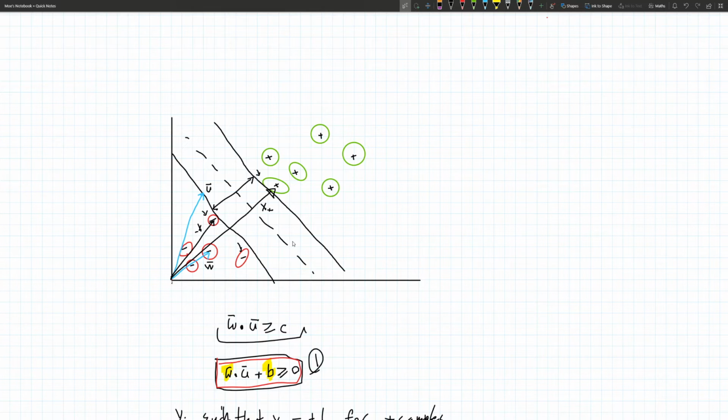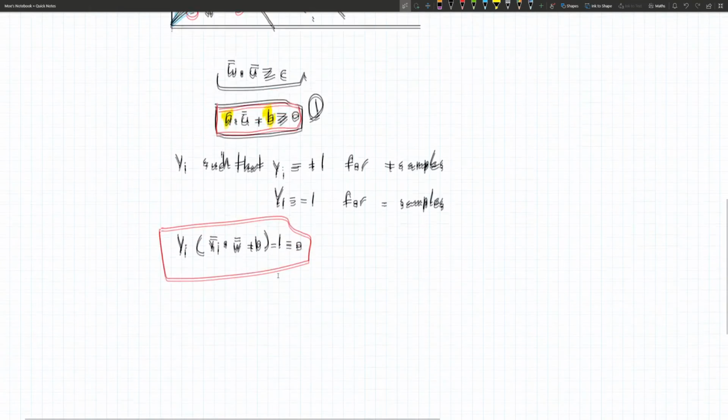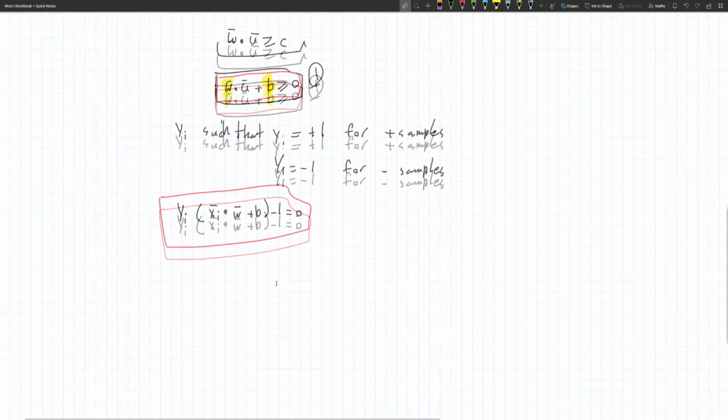This one, the width, is the difference between x plus minus x minus. And if we dot these values with the normal vector w, we get the width of the street.